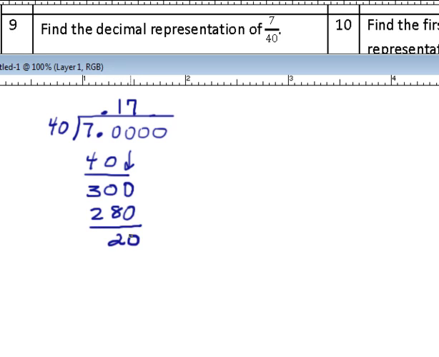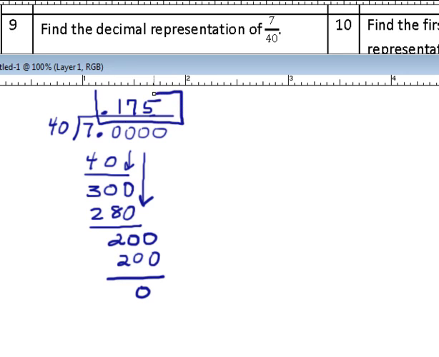Subtract, and we have 20. And now bring down another 0. And 40 goes into 200 exactly 5 times. So this is our decimal representation. 0.175, that's equal to 7/40.